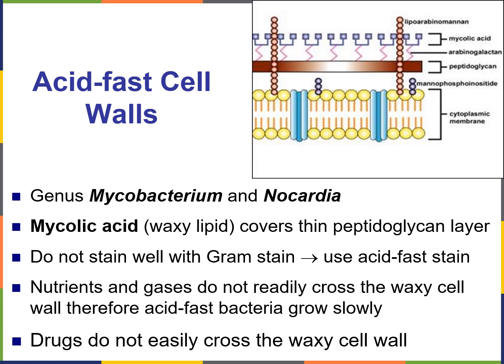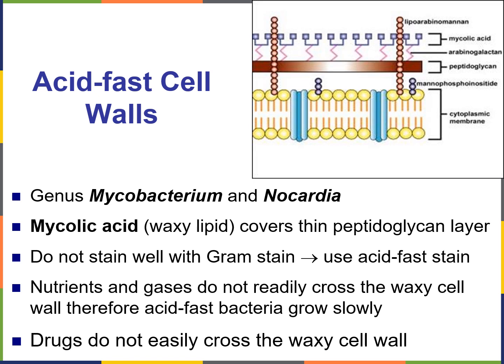So again, this is just kind of a recap from the last chapter. There's two genera that are considered to be acid-fast, Mycobacteria and Nocardia. Both of these are of healthcare importance. For example, tuberculosis is caused by Mycobacterium tuberculosis. Leprosy is caused by one of the species of Mycobacterium. Tuberculosis is respiratory.